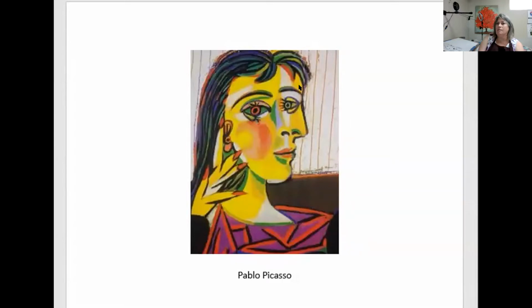This one is so strange because the eye is in profile, the nose is in profile, but then the nostrils are straight on. The mouth is in profile. This eye is straight on. Her hand is totally a mess.